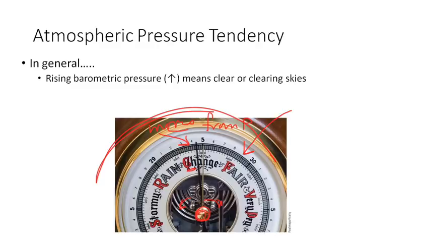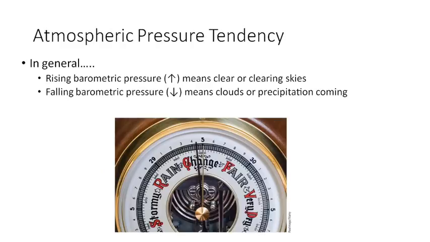So what you do is you set the little gold thing on what the current pressure is, and then you come back a day later to see how the pressure has moved. And if your pressure has increased, okay, so if this black thing went over here, then that means you can expect clear or clearing skies.